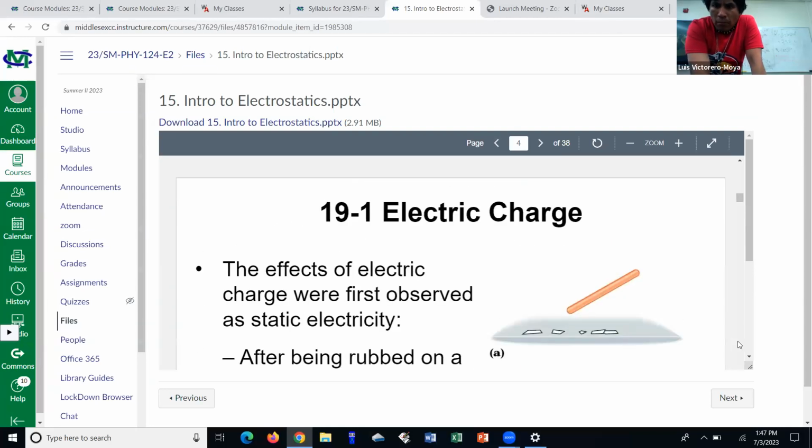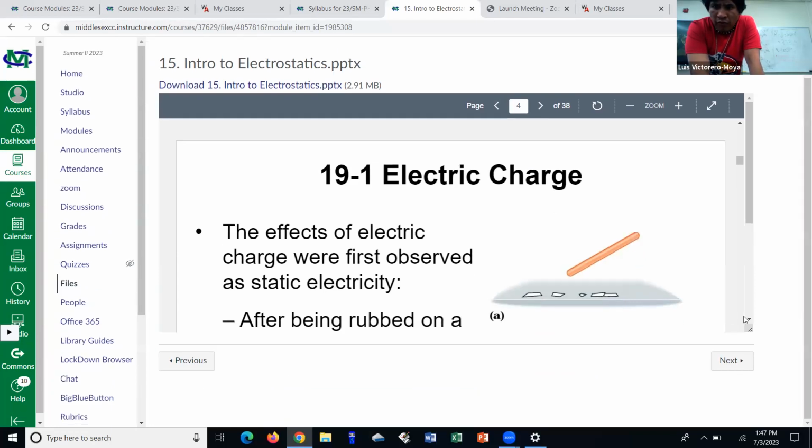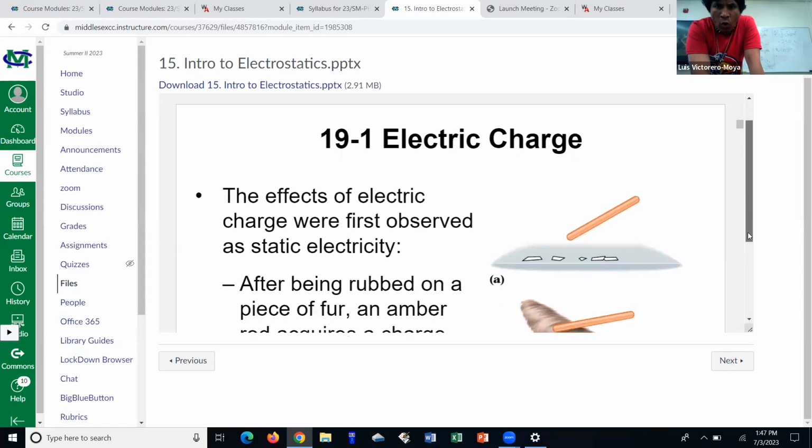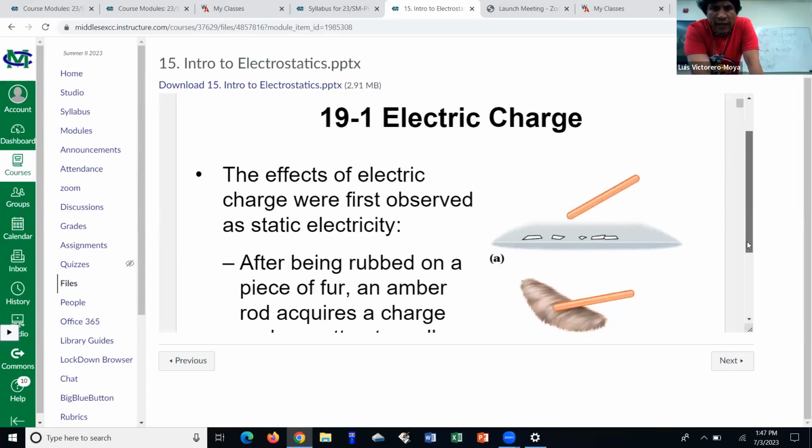Okay. So many of you have done science in high school. So I'm hoping that you have done this experiment. If you haven't, basically what this shows you is how we observe static electricity. Pretty much what you do is you have pieces of paper on a table, and then you have a rod. It can be made of amber or plastic, it doesn't matter. And then you rub it with a piece of fur, like is shown here.